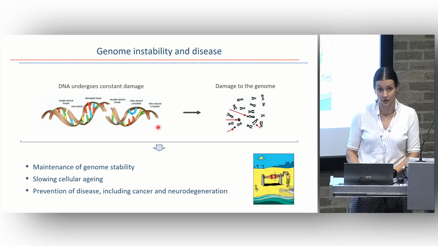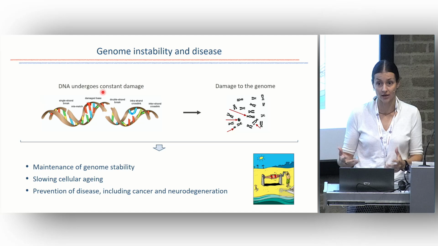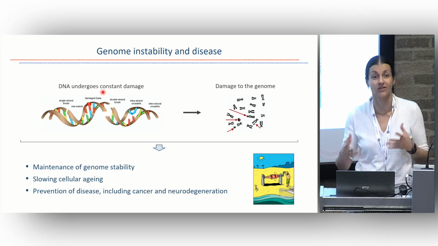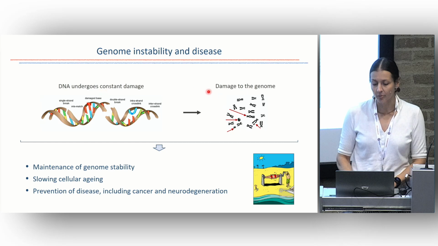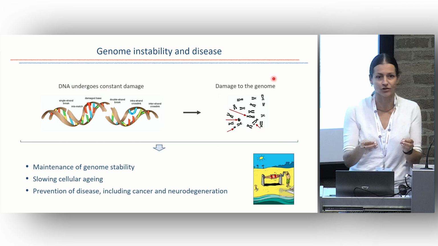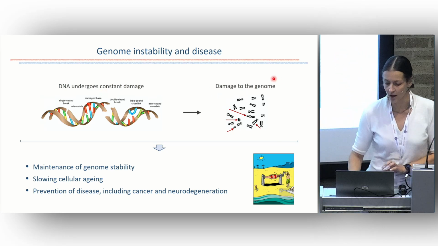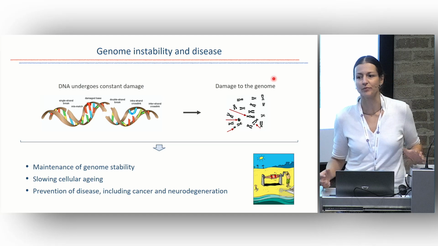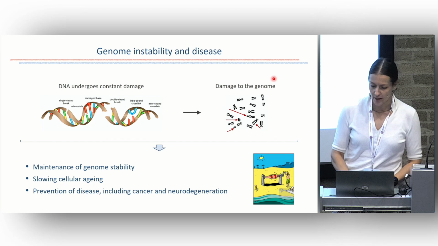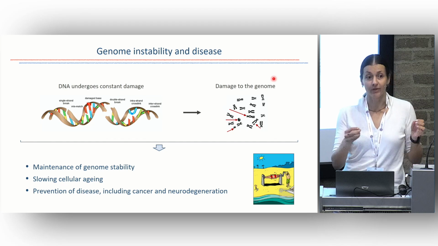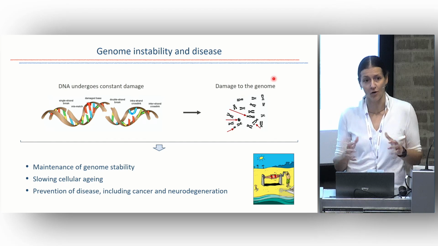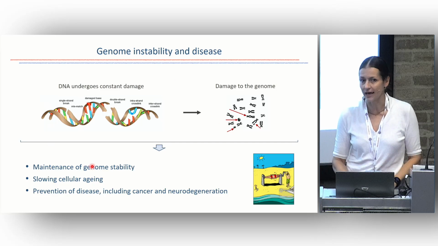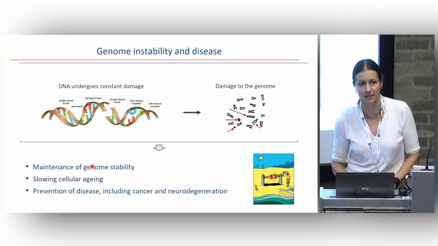A high proportion of these lesions could become mutagenic during various physiological processes such as transcription, replication, cell division, and so on, and bring about chromosomal damage, so damage to our genome. And we've developed a number of different DNA damage response pathways that drive the timely and faithful repair of these lesions to prevent genome instability, to slow down cellular aging, and of course to prevent disease.